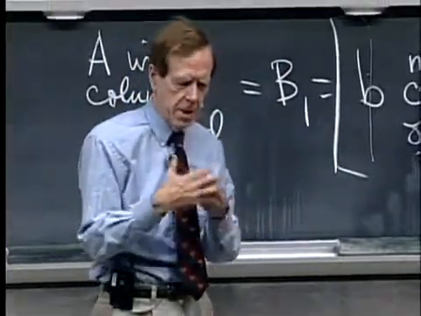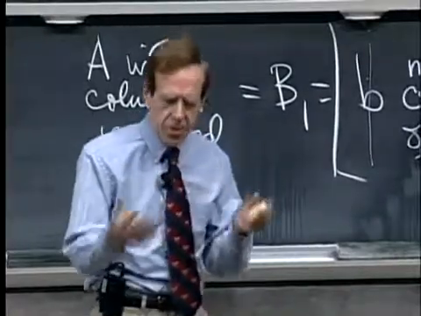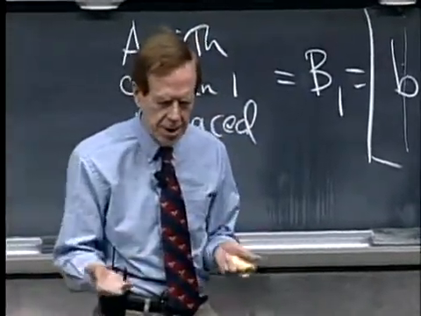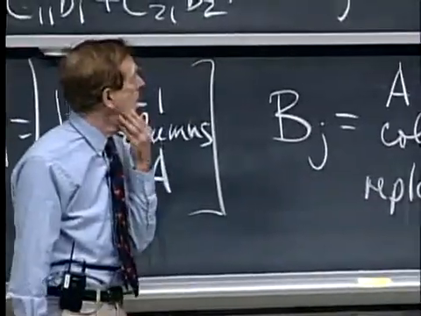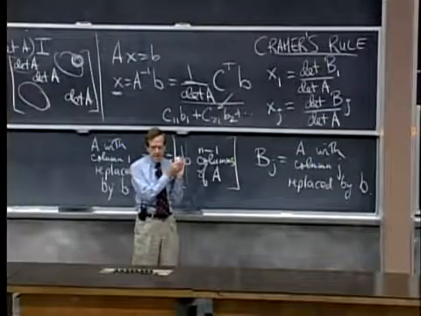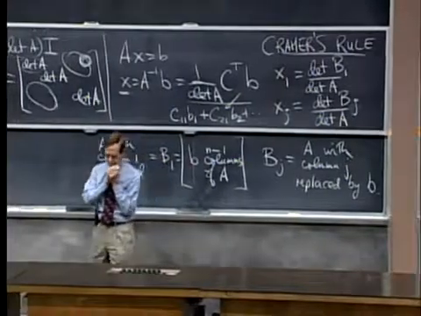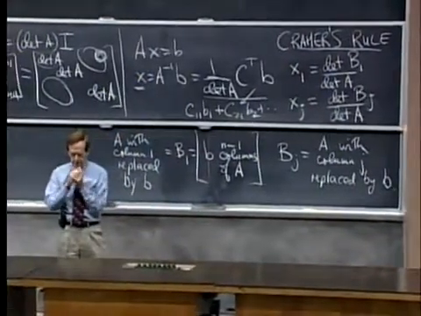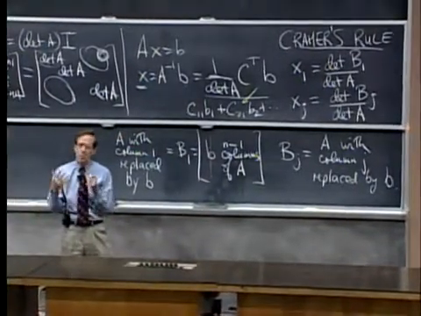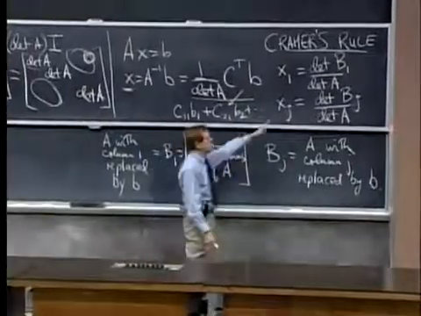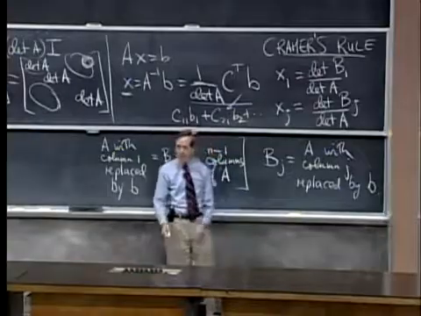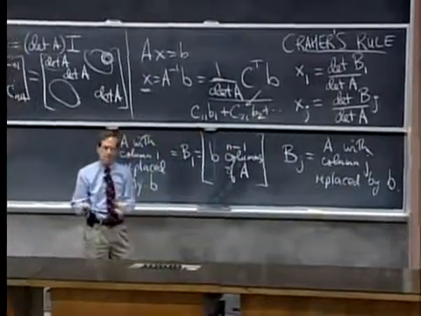It sort of said, well, there is this formula for elimination, but look at this great formula, Cramer's rule. So it certainly said Cramer's rule was the way to go.